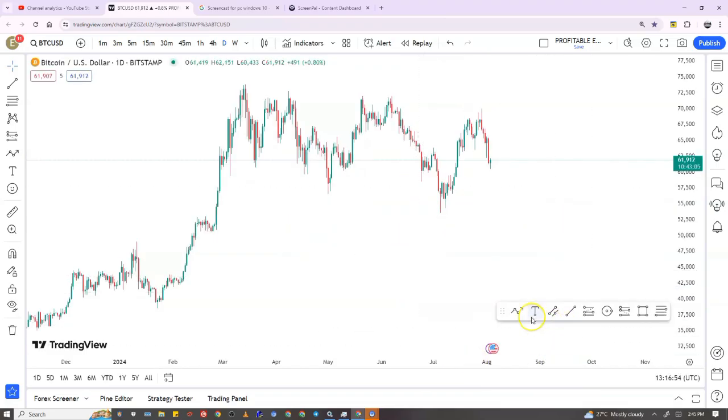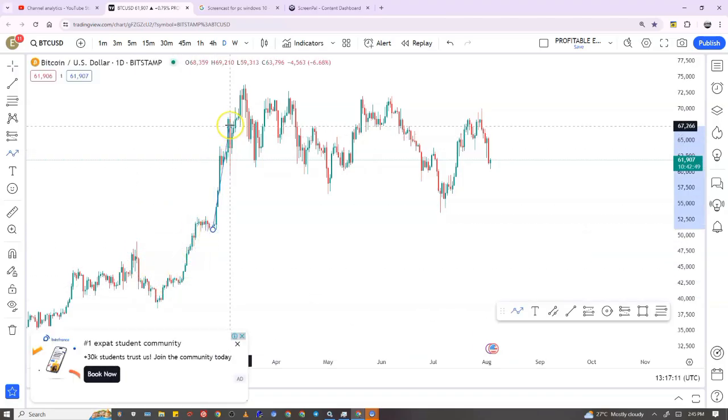If you look at what Bitcoin has been doing since February of this year, Bitcoin was bullish at the time. It broke structure to the upside, then came back here and went up again.